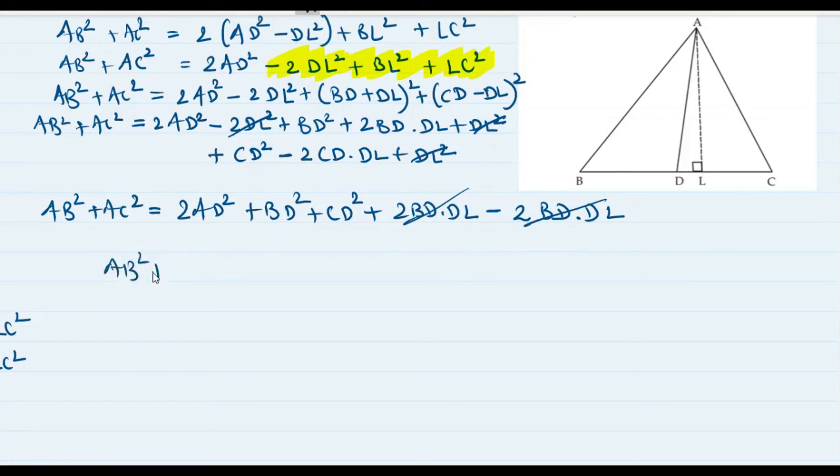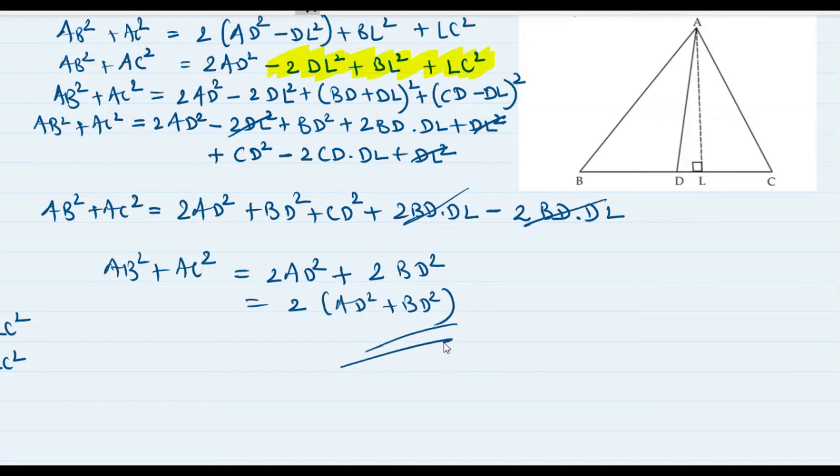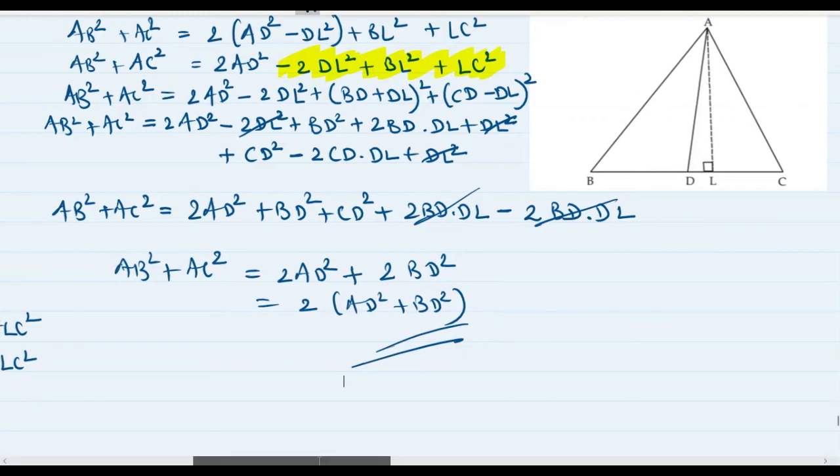AB square plus AC square is equal to 2AD square. BD and CD, again they are equal, so BD square and CD square will also be equal. So I can write 2BD square. So that can be written as 2 bracket AD square plus BD square. Okay, so that's it. This is how you prove this particular theorem.